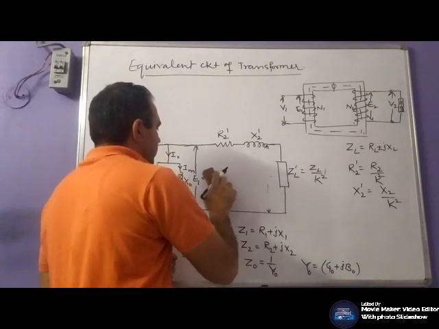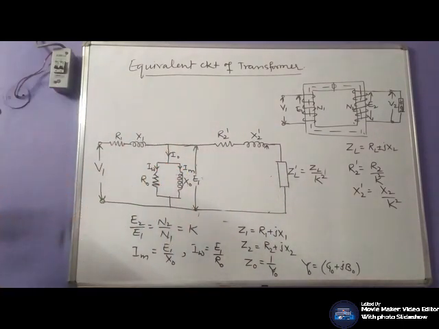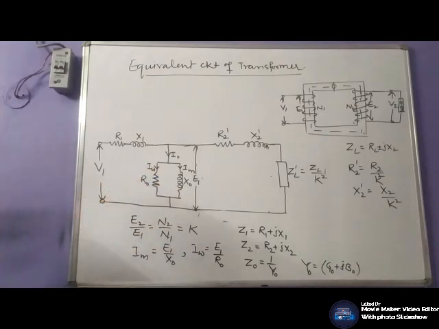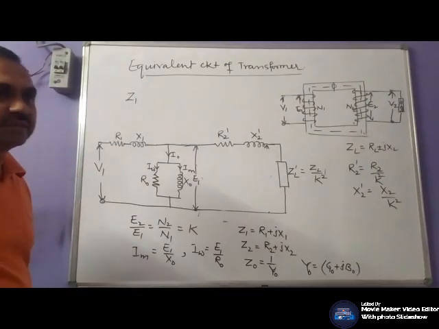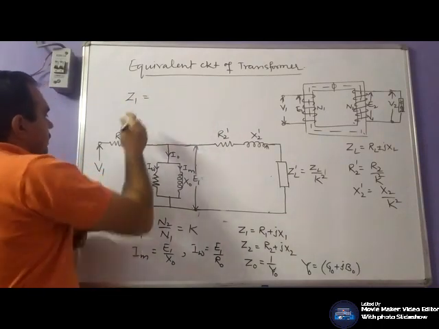Now, you can find out the total impedance of the circuit. What will be the primary impedance Z1?